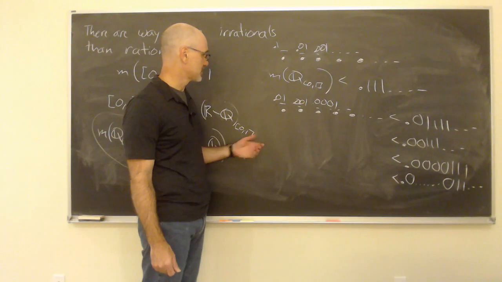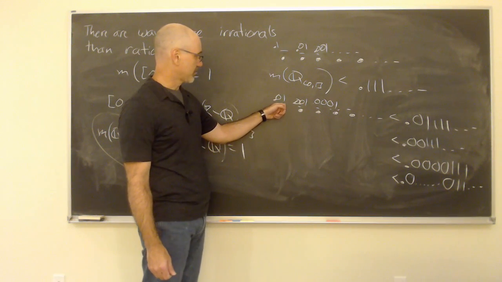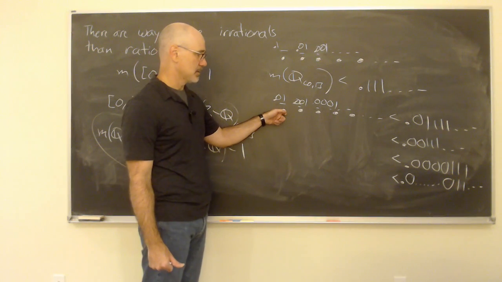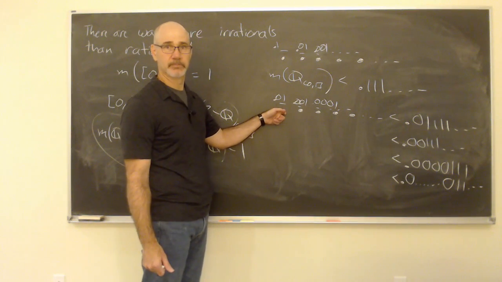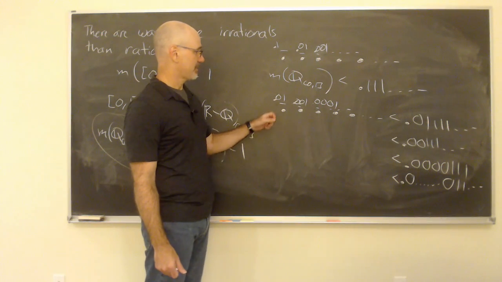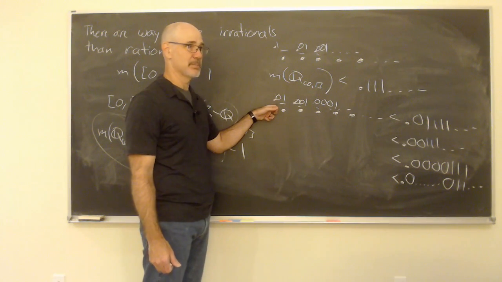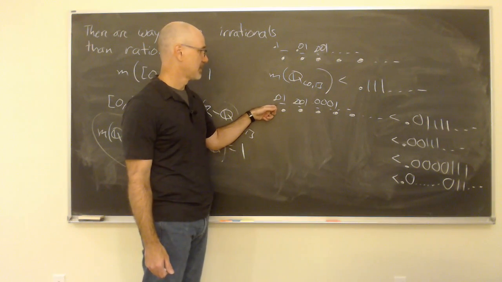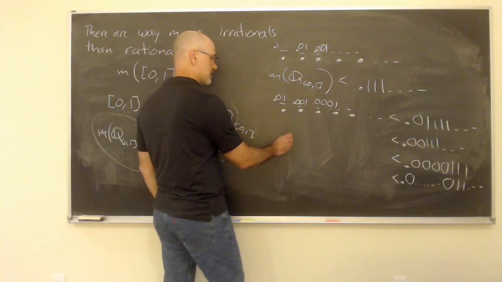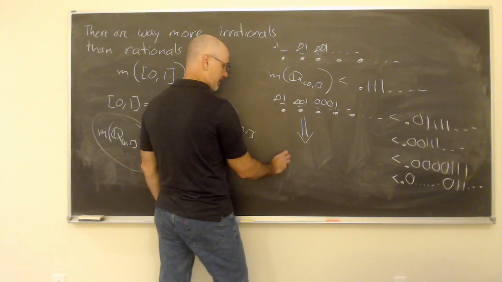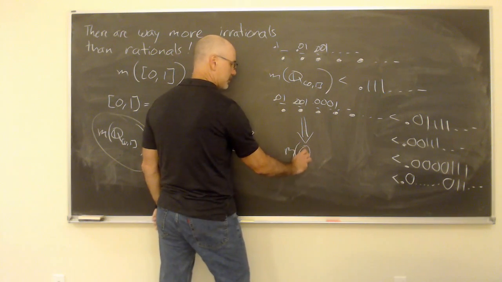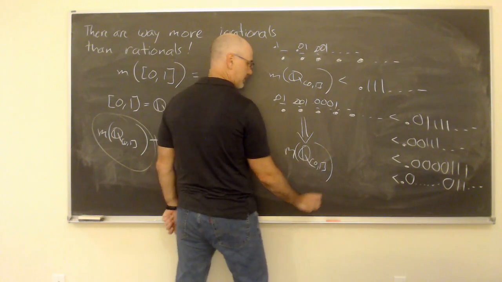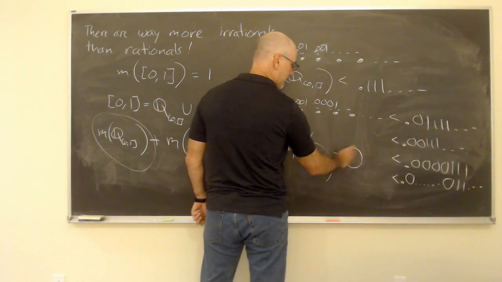So what that means is I can make the covering of the rational points have length less than any positive number. And the only way you can have something be less than any positive number when itself is non-negative is if you get 0. So this hand-wavy argument is showing that the only sensible way to define the measure of the rationals inside 0, 1 is 0.